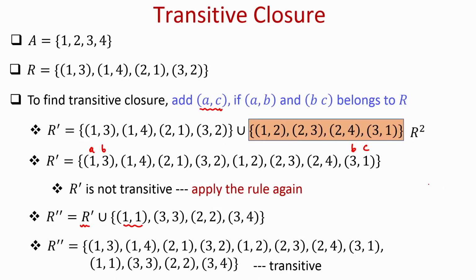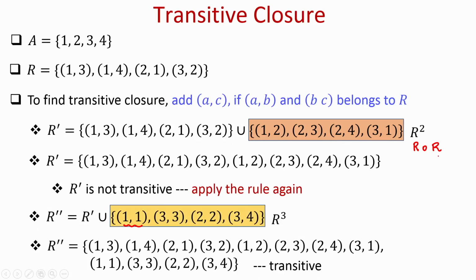If you look closely, here is what happened in this whole process. The first time I expanded the relation R, I took the union of R with all the tuples which will be present in R square. You can verify that, as per our definition of R square, the tuples which I have highlighted here and added to the tuples which were present in R are nothing but the tuples of R square.